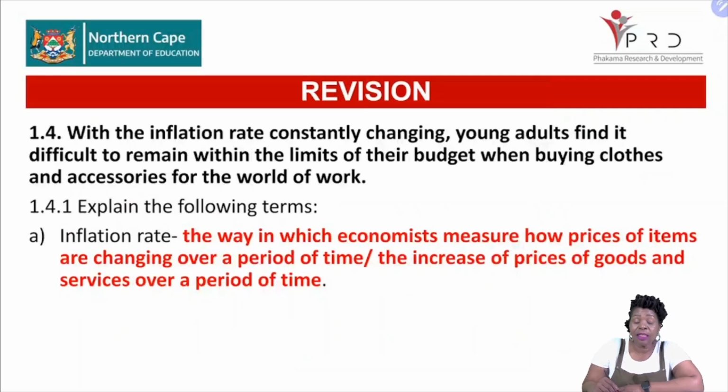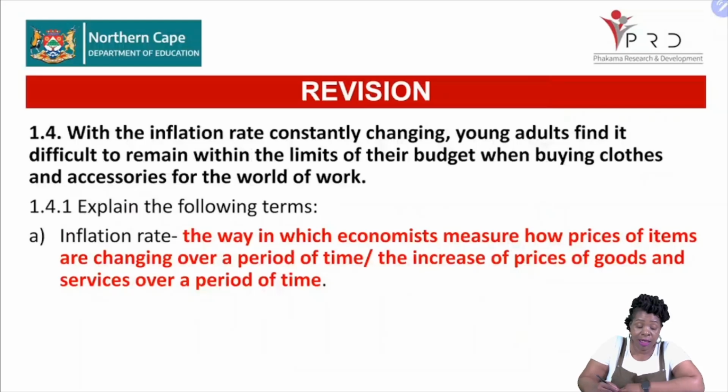So inflation is the way in which economists measure how prices of items are changing over a period of time. That is the increase or the decrease of prices of goods and services over a period of time.